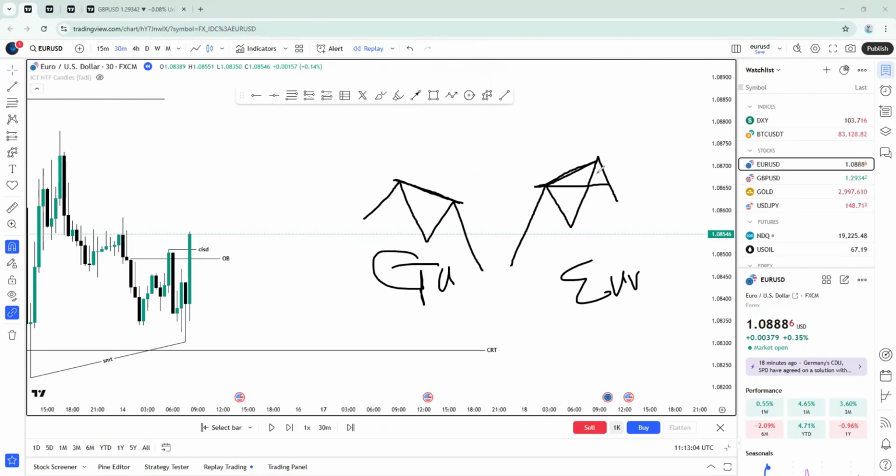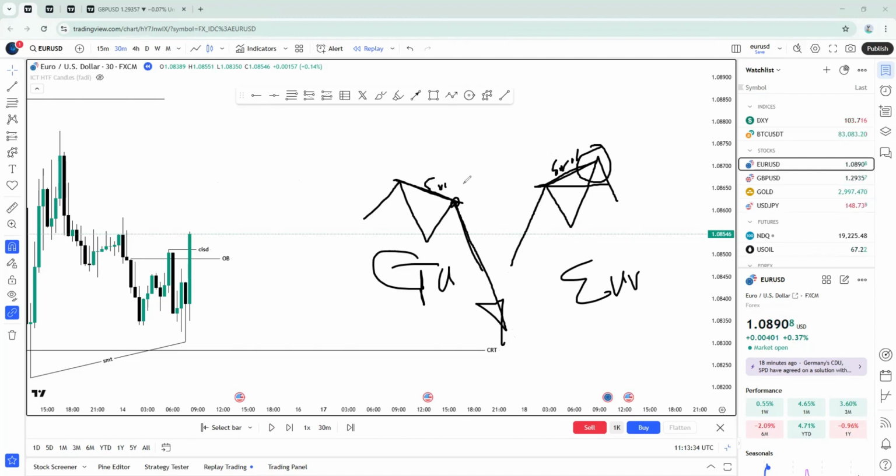Euro is trapping traders, and then GU is actually showing that it's weak, which means GU will likely continue lower than Euro USD. Euro USD will also sell because this is overall just a trap that is happening, but it's going to be slow in the selling process. But GU will mostly sell quickly to the draw on liquidity. So this is our SMT right here.